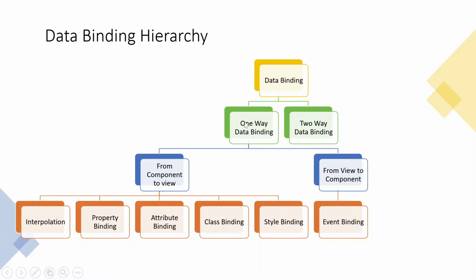One-way data binding has two types, from component to view and from view to component. From component to view has different data bindings, one of which is interpolation. So in today's video we will learn what interpolation is and how we can implement it. So without getting late, let's get started.